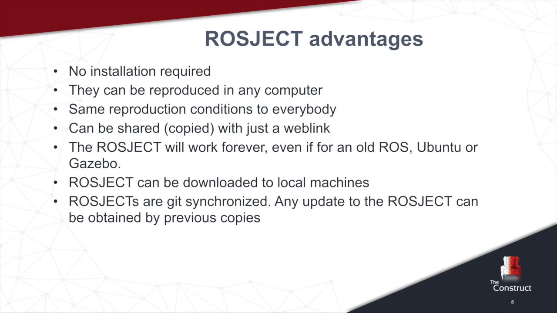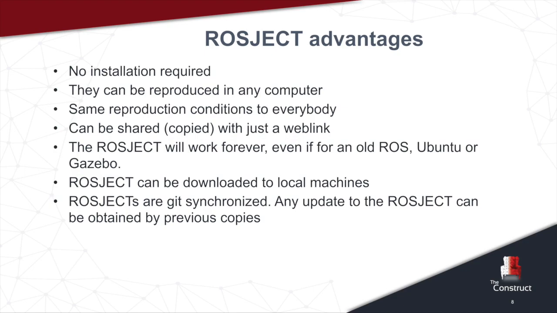Remember that when you create a copy for somebody else, it's an independent copy. So the copy that the person who receives your web link gets is independent, so whatever you do in your original one will not be transferred to the copy, and the other way around also.